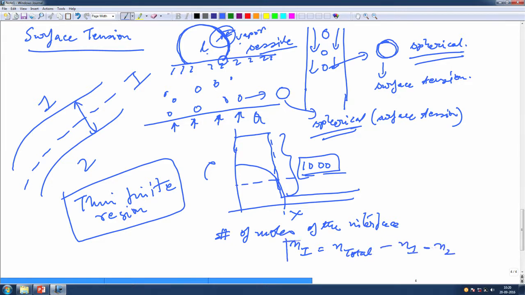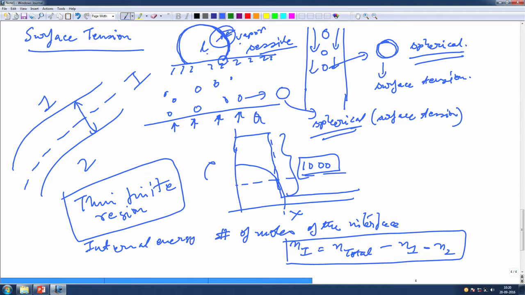This is the total number of moles that are present at the interface. Similarly, internal energy, we can take it as EI, that is the internal energy of the interface, that is E total minus E1 minus E2.